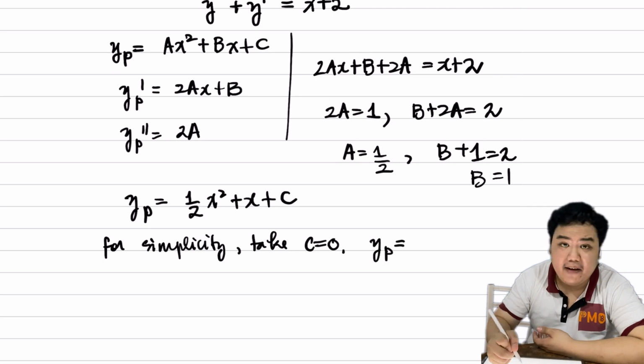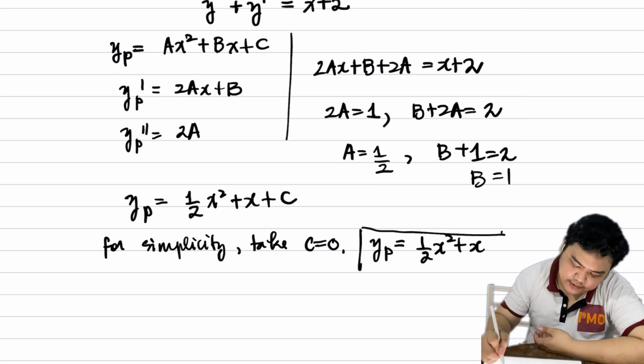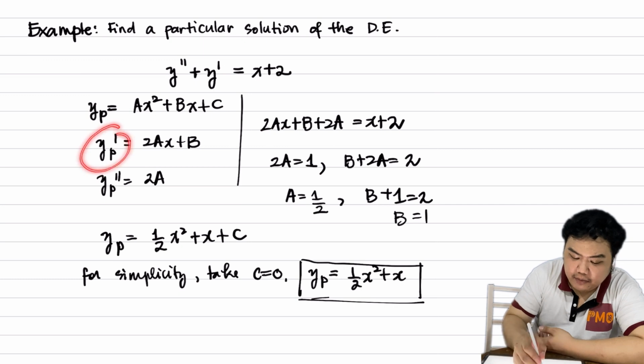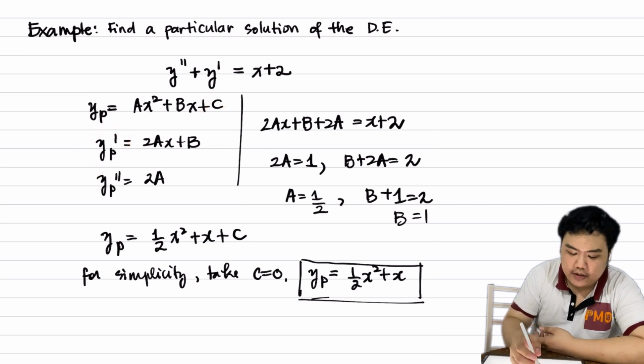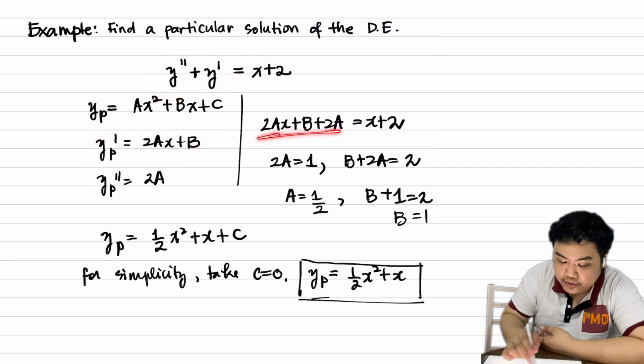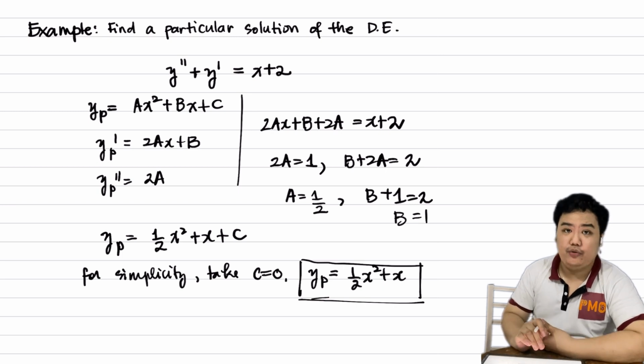Kasi hindi naman nakaka-affect yun. Okay. So, hindi siya nakaka-affect kasi pag kinuha mo yung derivative niya, nawawala lang naman yung c. At pag pinag-add mo ito dito, wala namang contribution yung c. Okay, that's why any c will work for a particular solution.